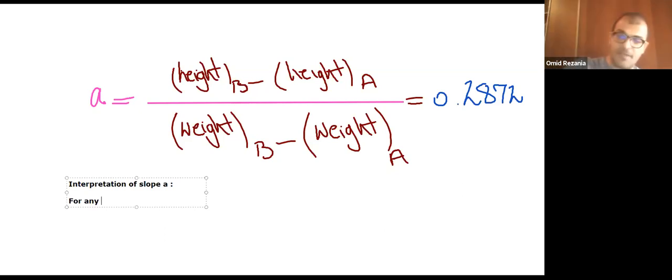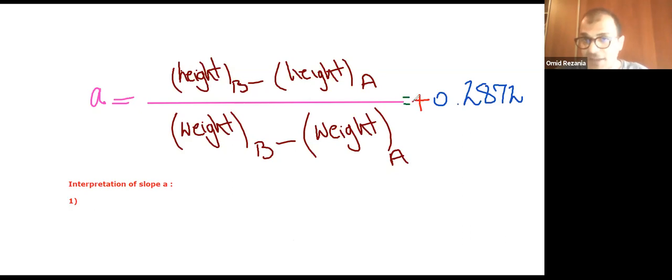I might do the interpretation based on the things which I remember. Maybe it was a couple of days ago, before we move on, we said that the sign of this slope is very important.